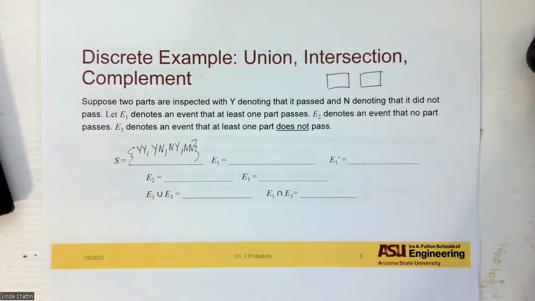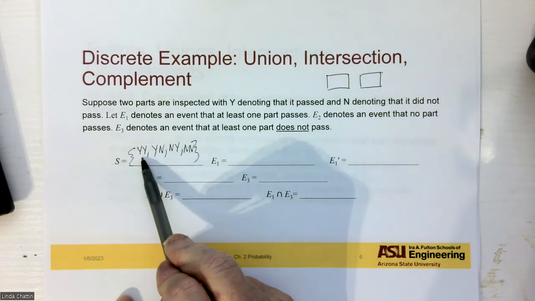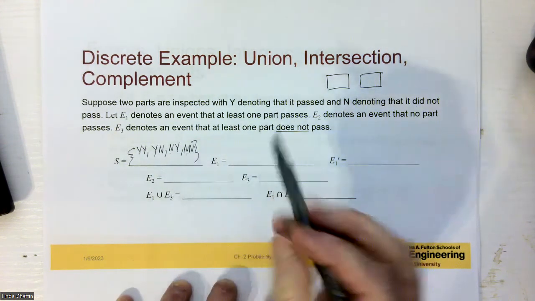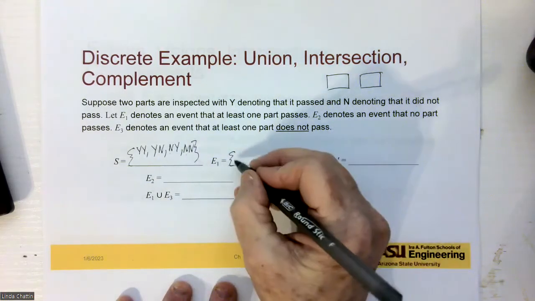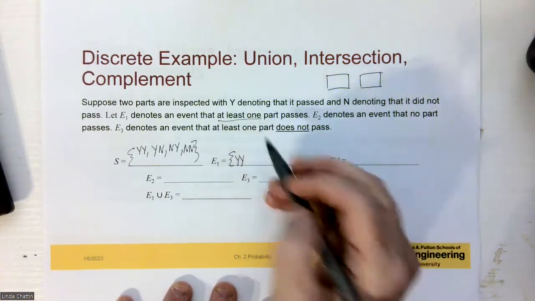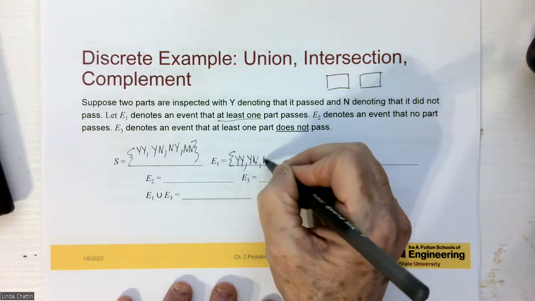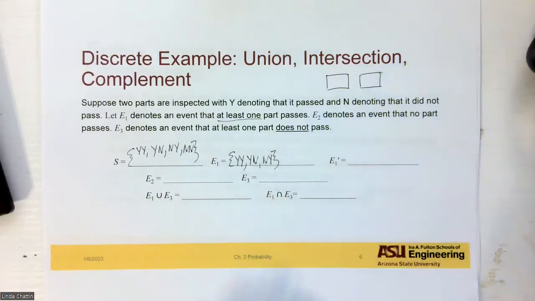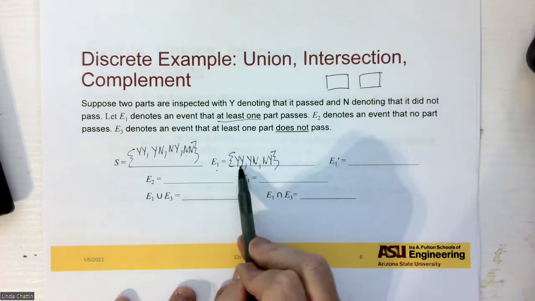Now, E1 denotes the event that at least one part passes. And so that means here we have two parts that pass, one part, no part. So E1 would be three of these four items right here. We would have two parts that pass because it says at least one, and then one part that passes, YN or NY. So that would be E1. E1 prime is everything that is not E1, right?